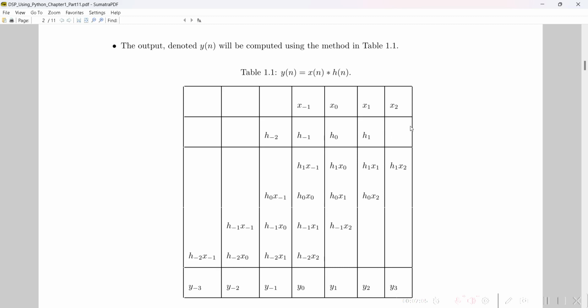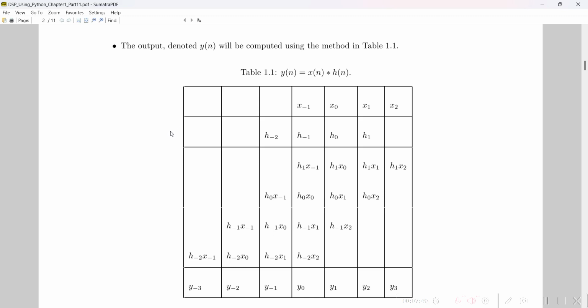If we had h2, it would appear here, but it's not here right now. h1 is here, then h0, h minus 1, h minus 2, h minus 3, h minus 4, and here x minus 2, x minus 3, x minus 4, and so on.